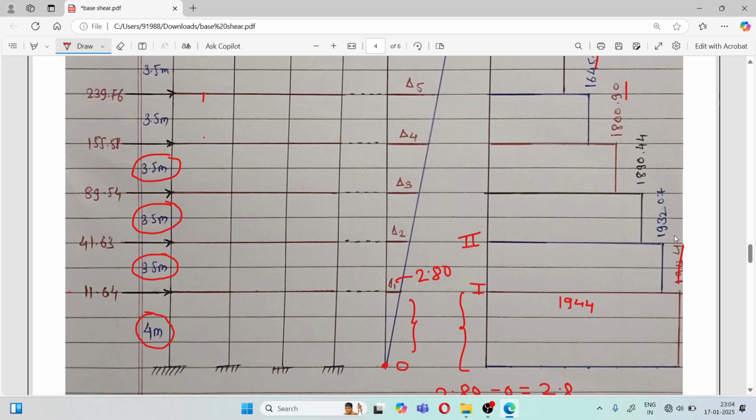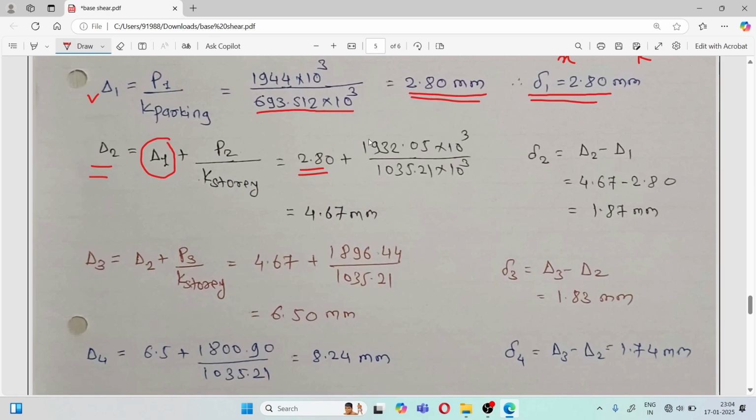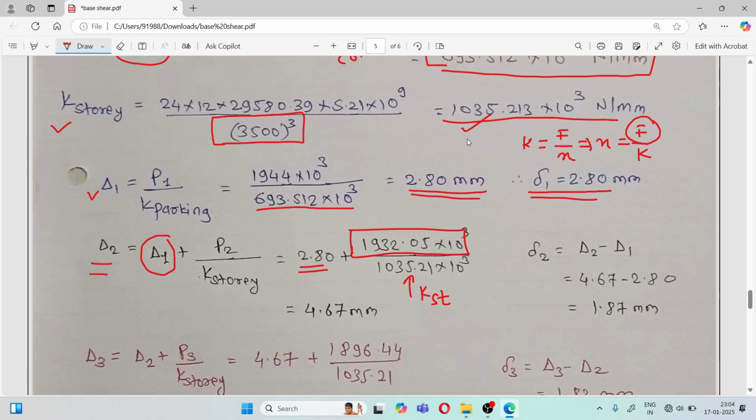On the second story, the force is 1932, divided by the stiffness of that story. We have already calculated it here. So you will get the displacement. So displacement is 4.67, but drift will be relative.